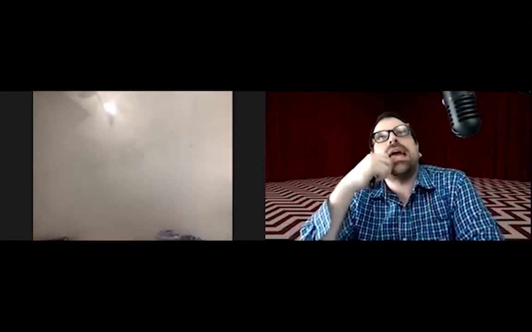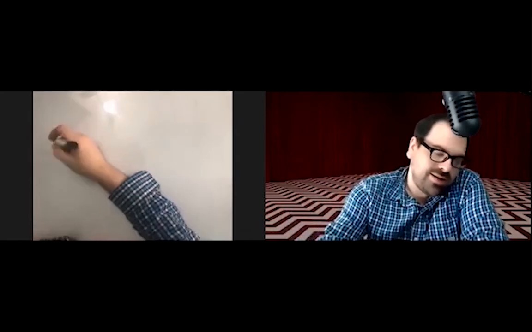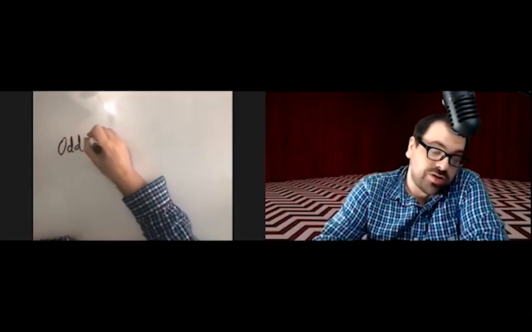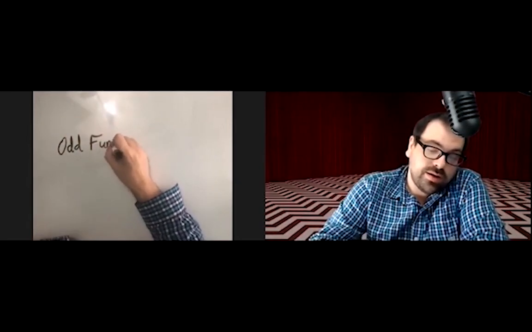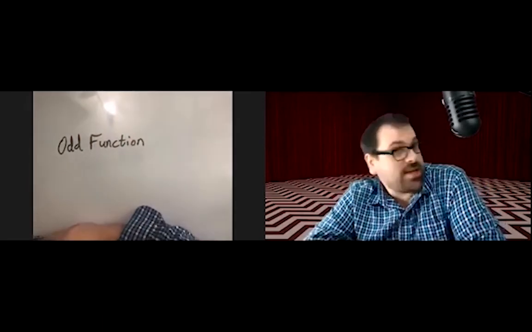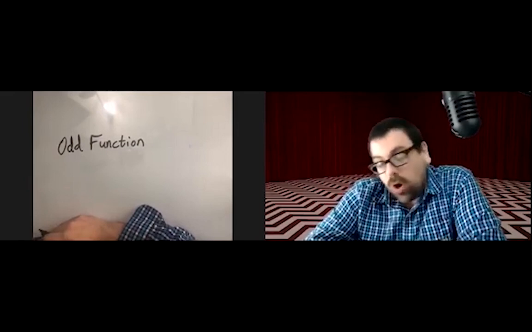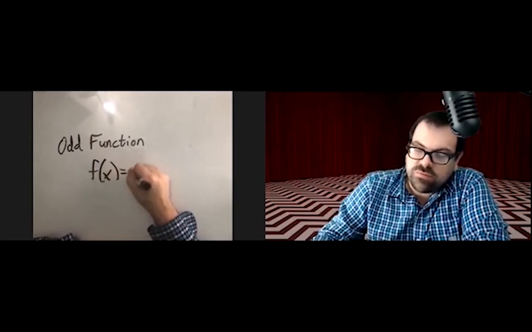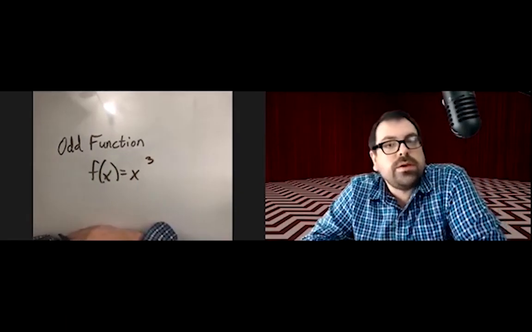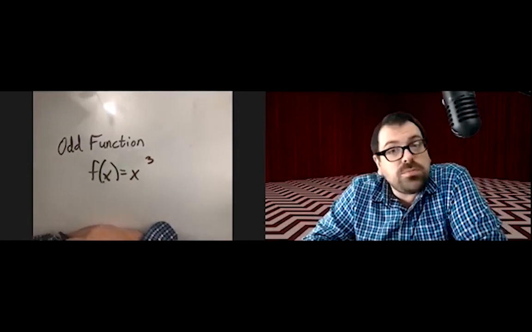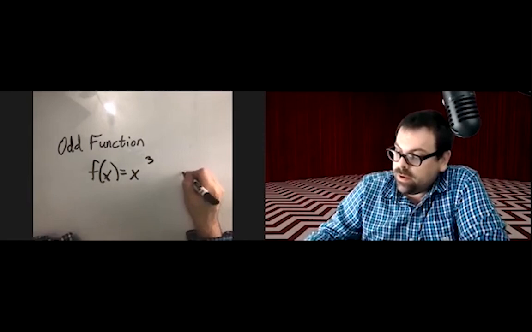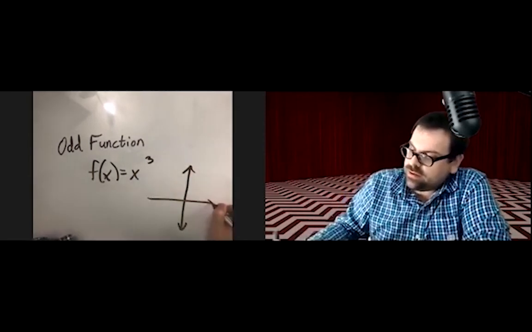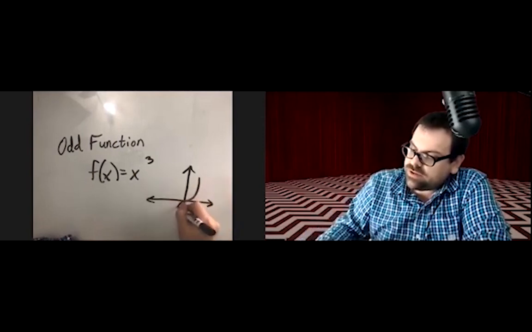So I've given enough time here. Maybe your mind started to think ahead. If an even function has y-axis symmetry, does an odd function have x-axis symmetry? Turns out no. The most basic odd function is f of x equals x cubed. We know what this looks like. We spent a whole day on our shapes.